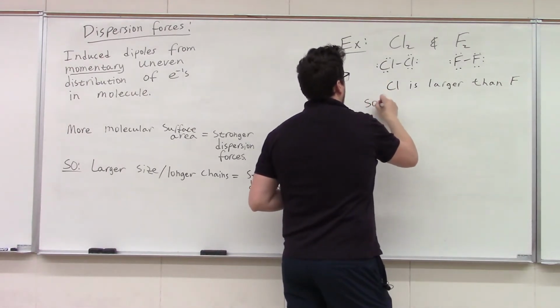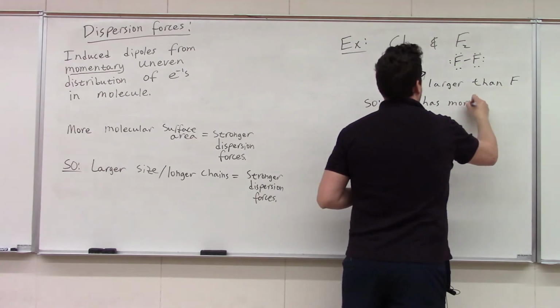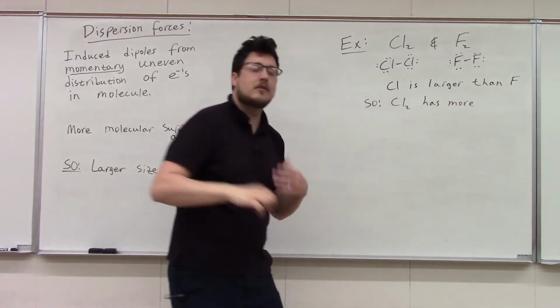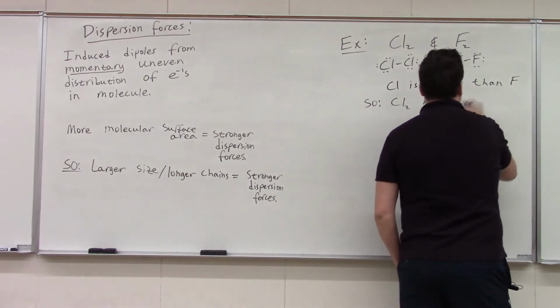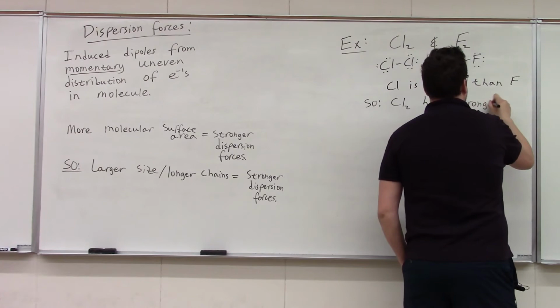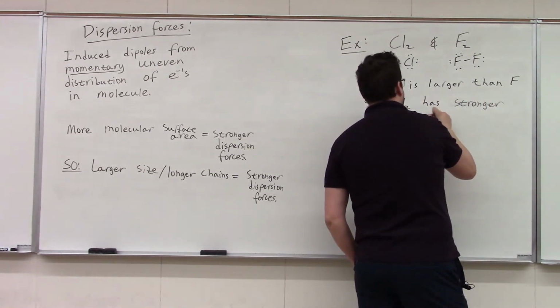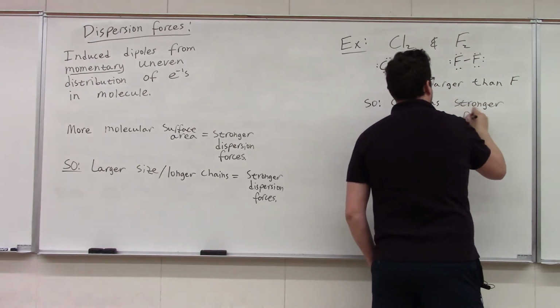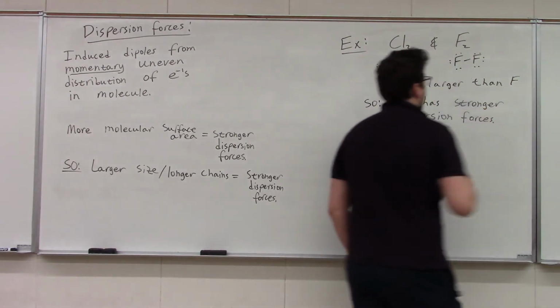So Cl2 has more dispersion forces, or intermolecular forces. Or I should say it has stronger dispersion forces because it has more surface area to it.